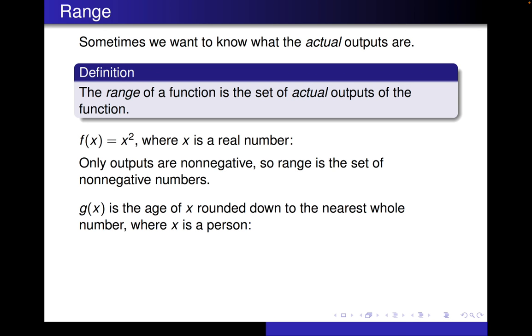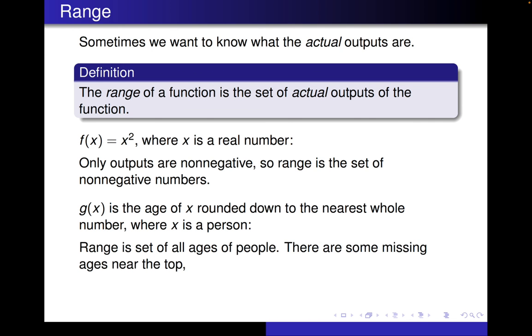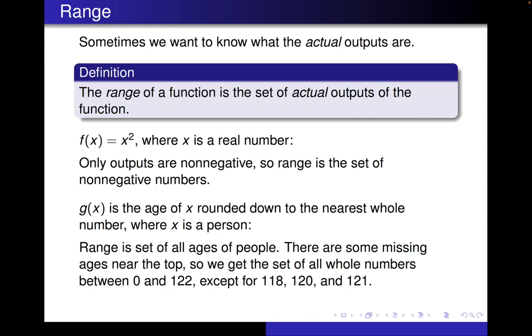g of x is the age rounded down to the nearest whole number. We want to only get the actual ages of people. So, up in that upper range, there might be some ages that aren't there. So I kind of checked to see currently what's going on. Right now, there's nobody who's 118, 120, or 121, as far as I could tell. So if we wanted the actual range of that function, we get all the whole numbers between 0 and 122.